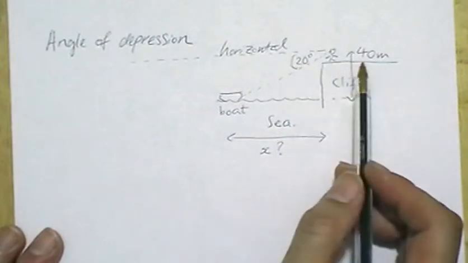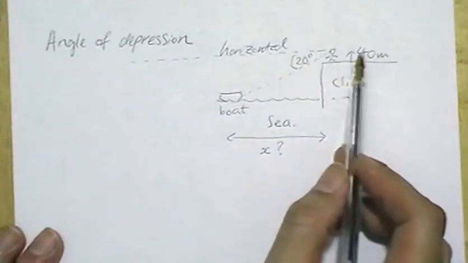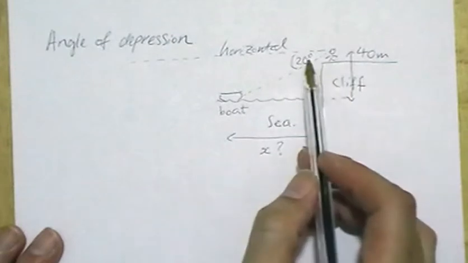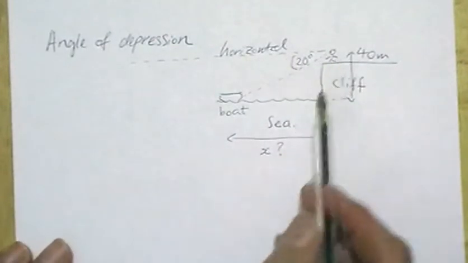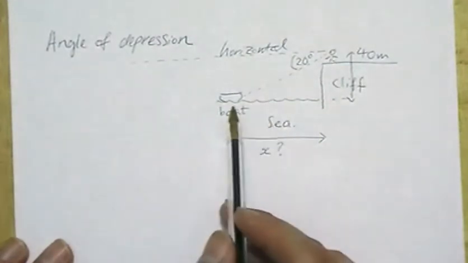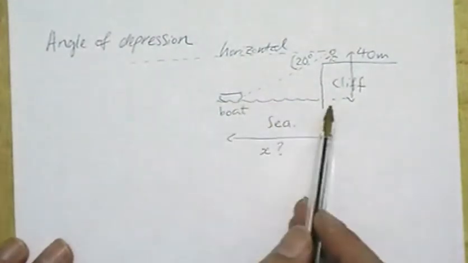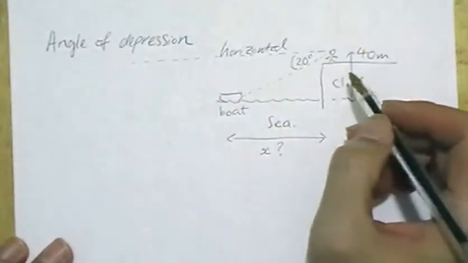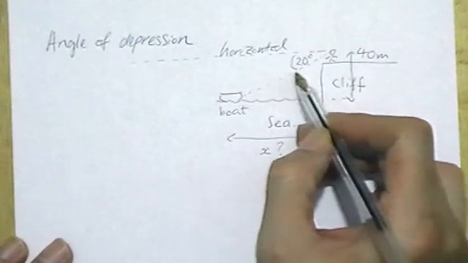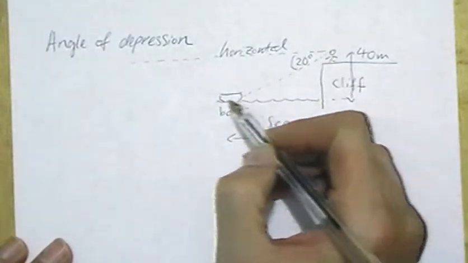Right, we can look at the 40 meters, which is this height, the 20 degrees, which is that angle, and we want to find this distance. So let me think about this triangle here.